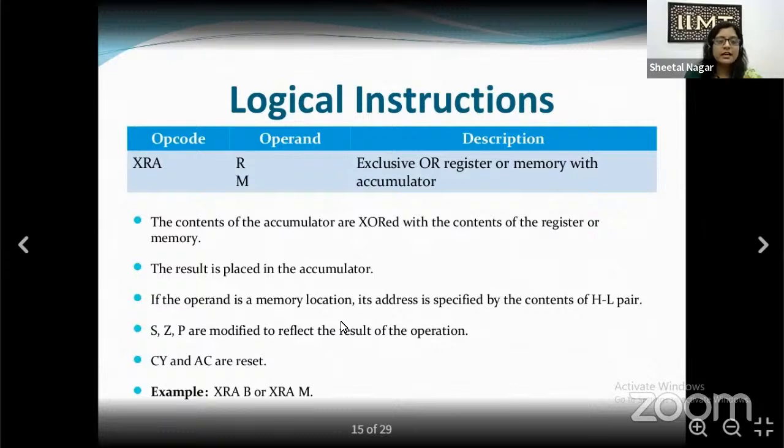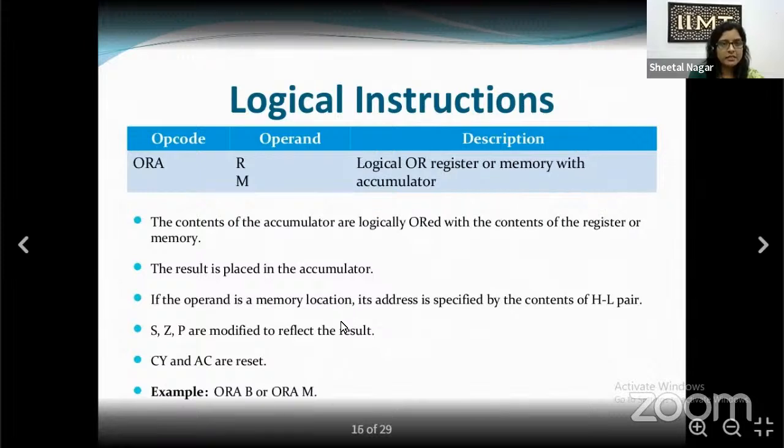With the help of this instruction, only the sign, zero, and parity flags will be modified, and carry and auxiliary carry will be reset. For example, XRA B. The contents of register B and the contents of the accumulator will be logically XORed, and the result will be stored in the accumulator only.